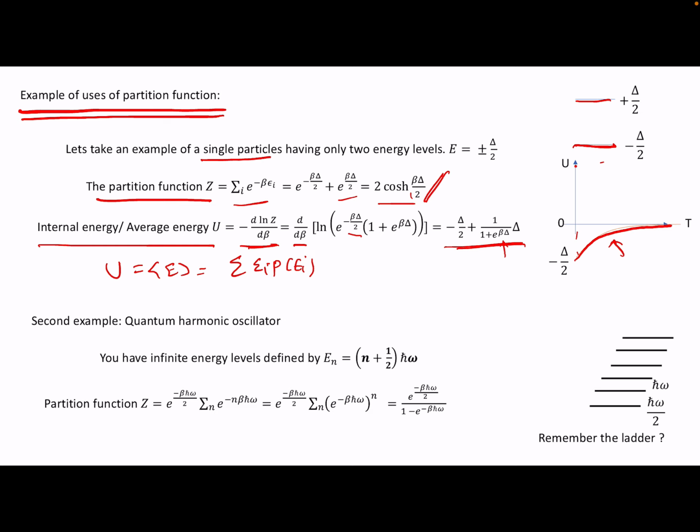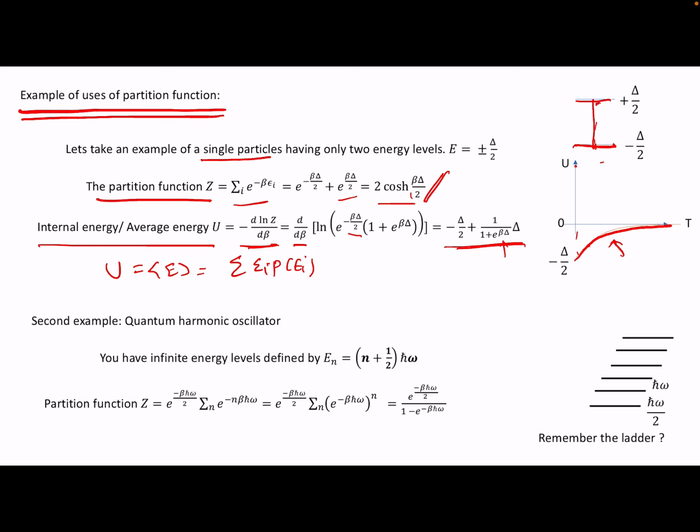As you slowly increase the temperature, for some time the electron jumps up and again comes down, right? So the average energy is now slightly positive. As you keep on increasing the temperature, it is possible that it will spend half the time here and half the time below. So at max it asymptotically goes to 0.